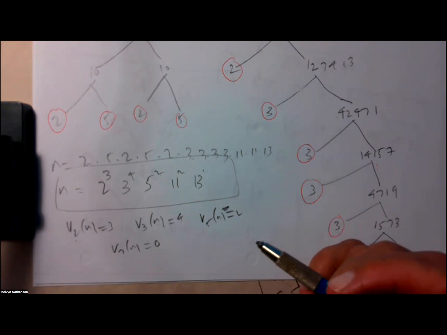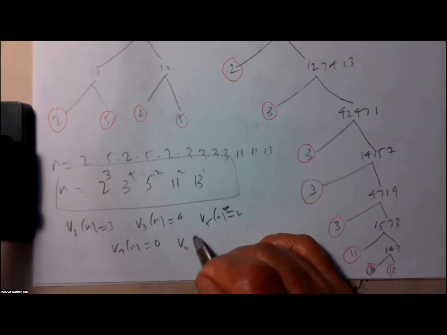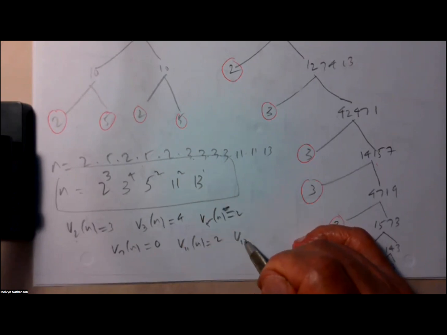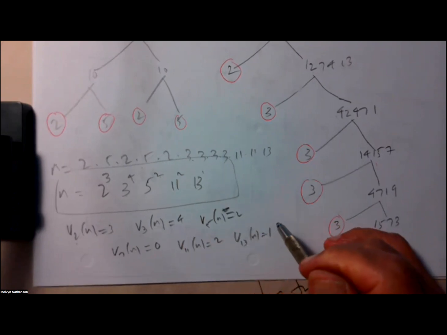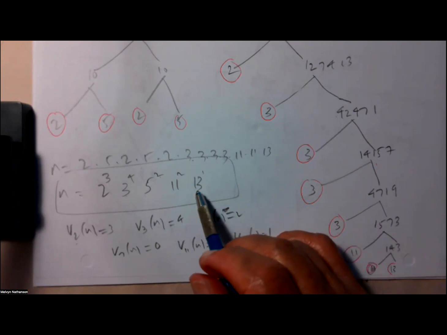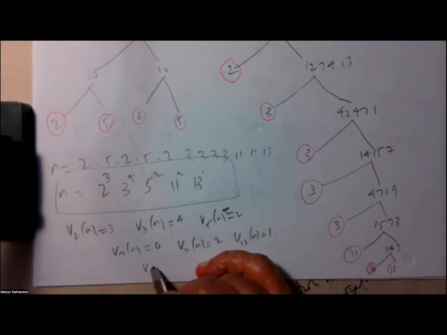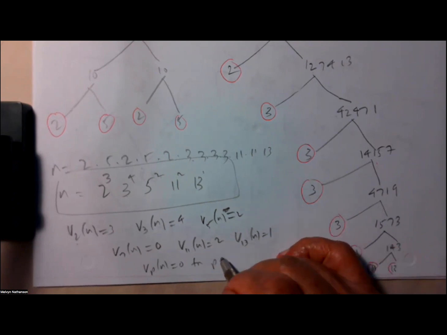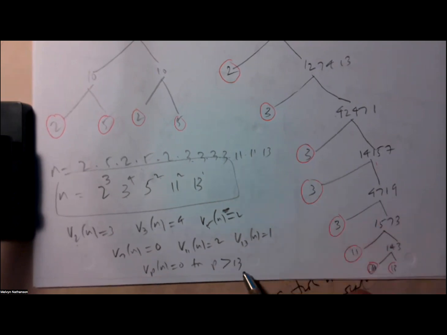It's not divisible by 7. The highest power of 11 that divides this number is 2. The highest power of 13 that divides this number is 1. And no bigger prime divides that number, so Vp of n is 0 for all primes p bigger than 13.